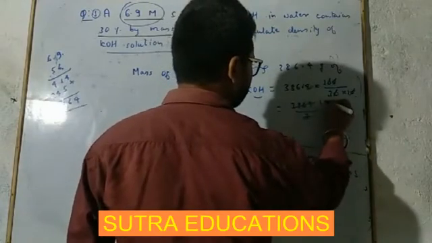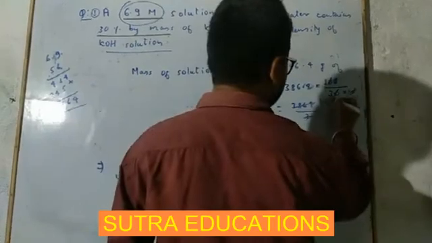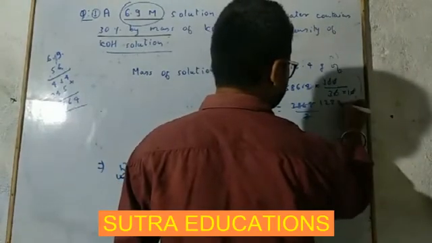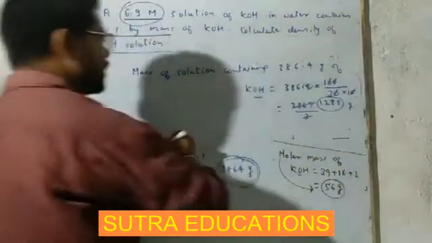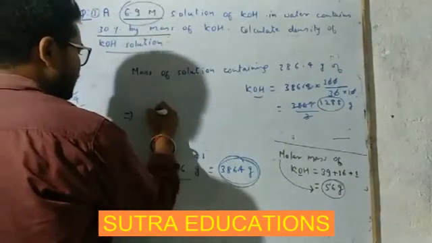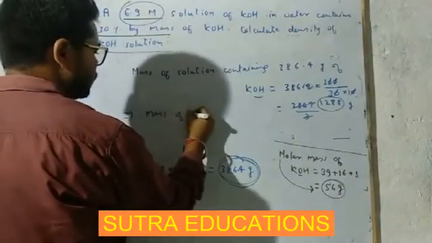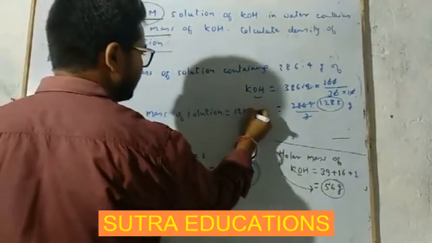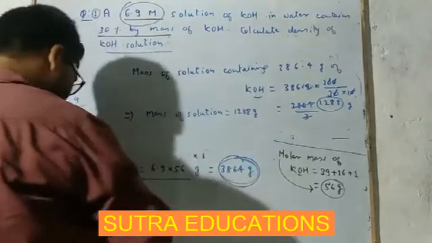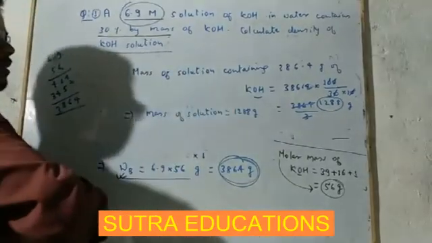That gives 1288 gram. So we have calculated the mass of solution, and the mass of solution is 1288 gram.